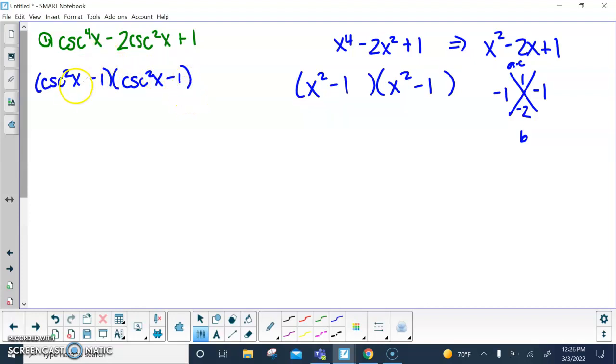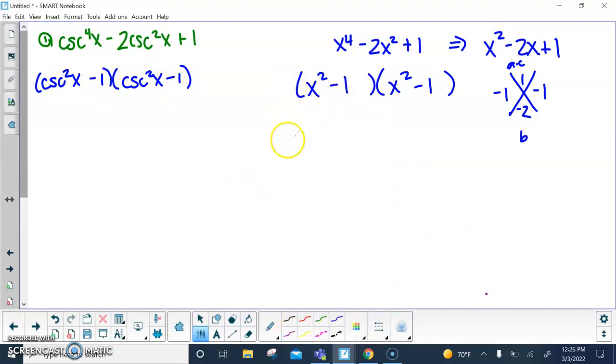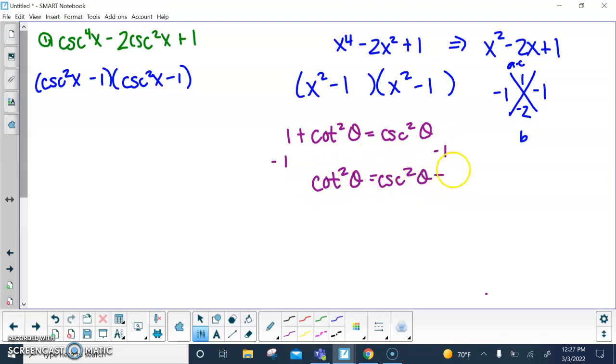Once you've done that, hopefully you are starting to be able to recognize these trig identities, and that trig identity you can use is 1 plus cotangent squared of theta equals cosecant squared of theta. If I rearrange this and subtract 1 on both sides, that gives me that cotangent squared of theta is cosecant squared of theta minus 1.